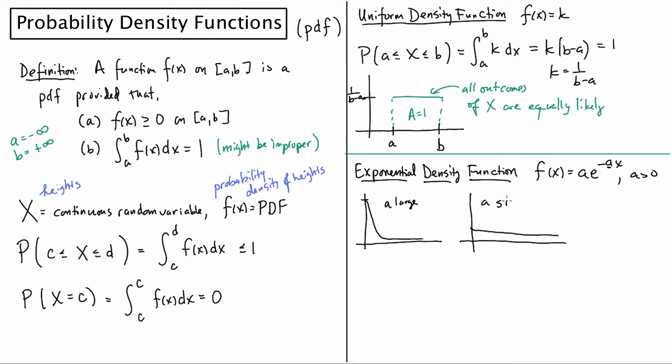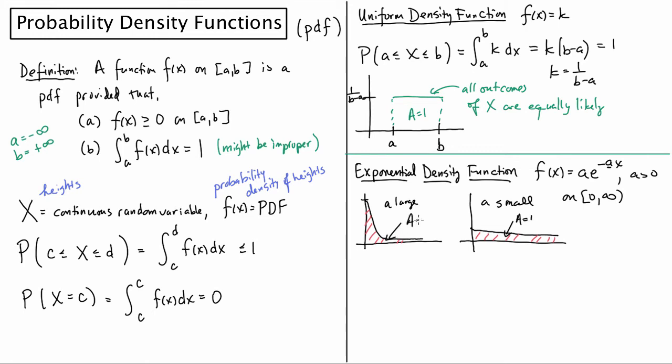So depending on the value of a, you get different pictures, but the point is the area underneath these pictures, on the interval from 0 to infinity, the area under each of these is going to be equal to 1.